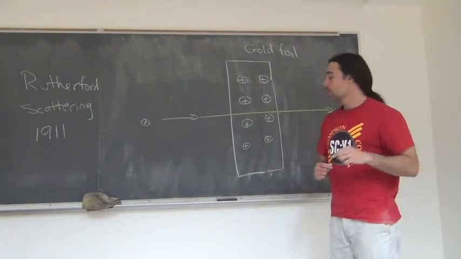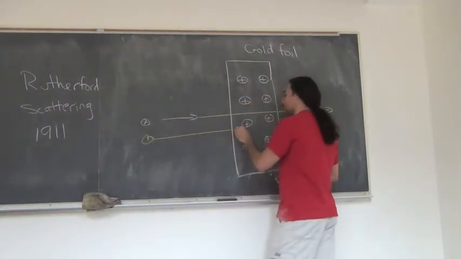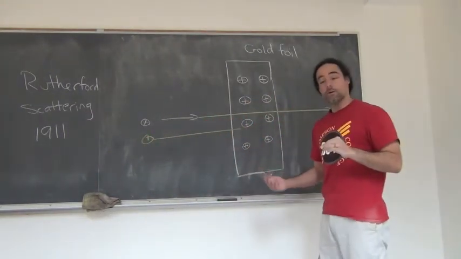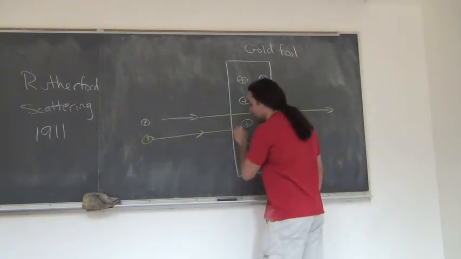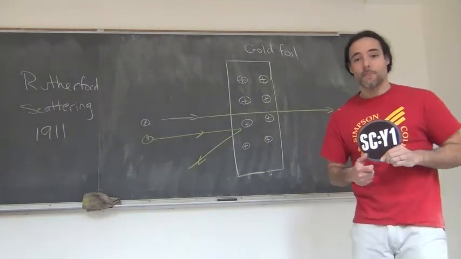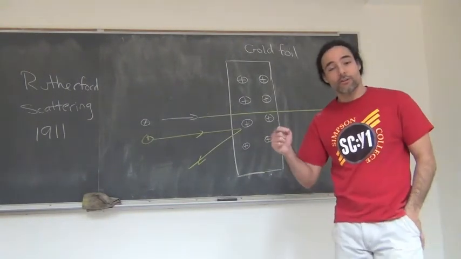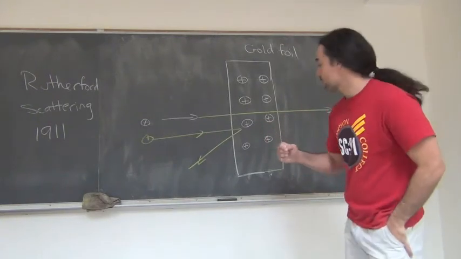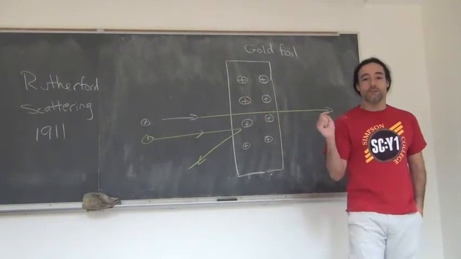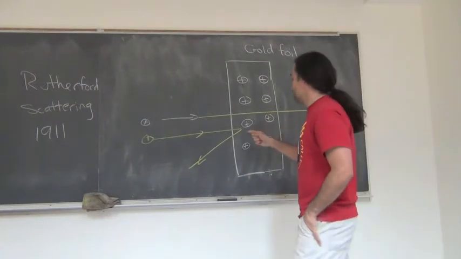But if it does go on a course where it comes close to the nuclei, it's going to bounce back, almost straight back. Because that nuclei, even though the alpha particle is thousands of times bigger than the electron, the nuclei is still many times bigger than the alpha particle.